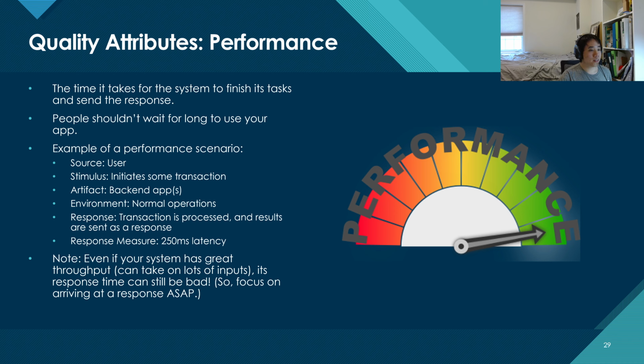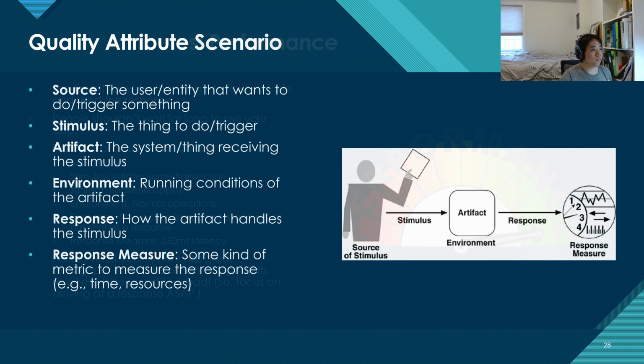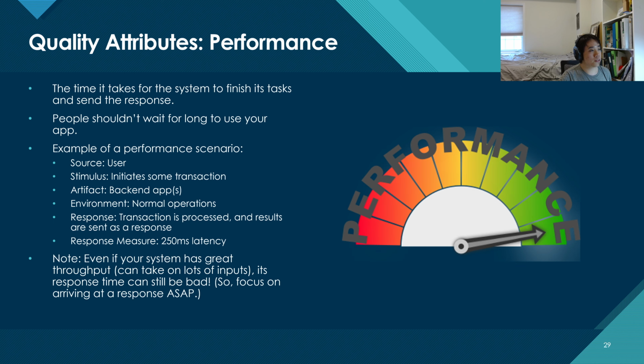So some quality attributes that we're gonna consider include performance. This is where we take a look at how well the system handles different situations. How well does the system handle transactions? And does it have some latency?